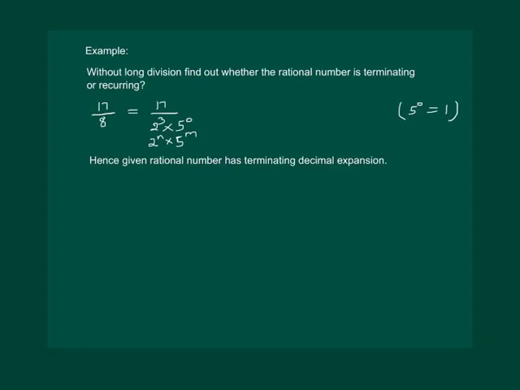For example, we can write the equivalent rational number of 17 by 2 cube as, multiply and divide by 5 cube, which will give us 17 into 5 cube whole by 10 whole cube, and this would mean that the decimal will terminate after 3 places.